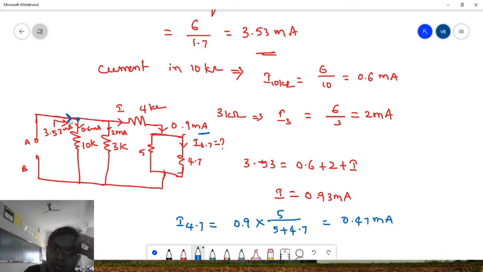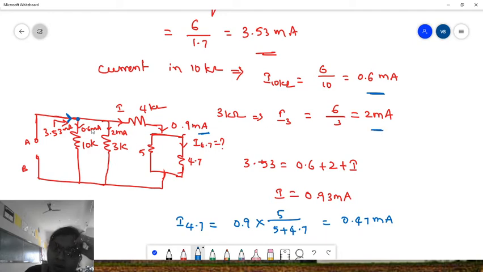So this point current is divided into two parts, that is the 10 kilo ohms current as well as the 3 kilo ohms current. So first you need to calculate the 10 kilo ohms current and the current that passes through the 3 kilo ohms. Directly you can solve that by total voltage by resistance: 0.6 milliamps passes through the 10 kilo ohms, 2 milliamps passes through the 3 kilo ohms.